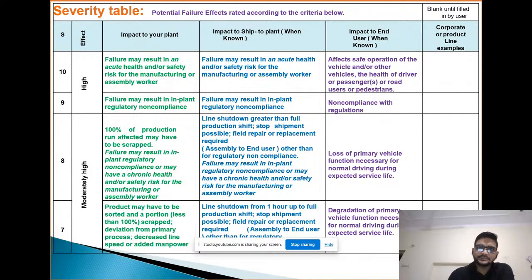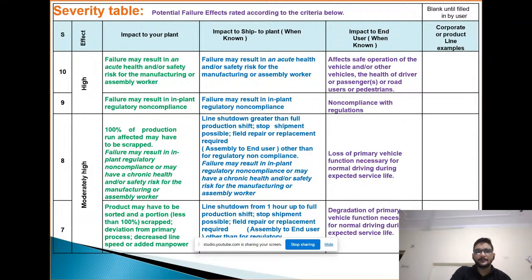Now, next is impact to ship-to plant, related to line shutdown, like greater than a full production shift, or stop shipment possible, field failure or replacement required. Next, assembly to end user, and other than regulatory non-compliances, failure may result in plant regulatory non-compliance or may have a chronic health or safety risk for manufacturing assembly.